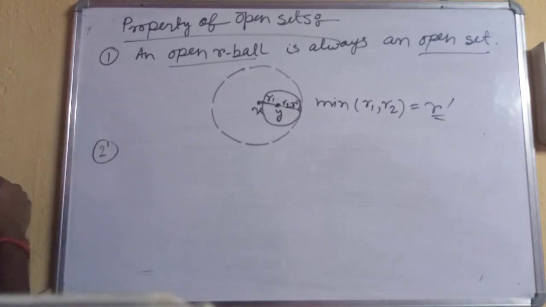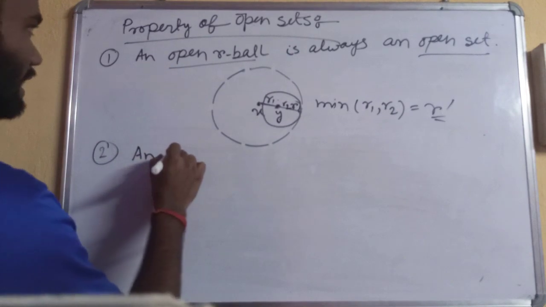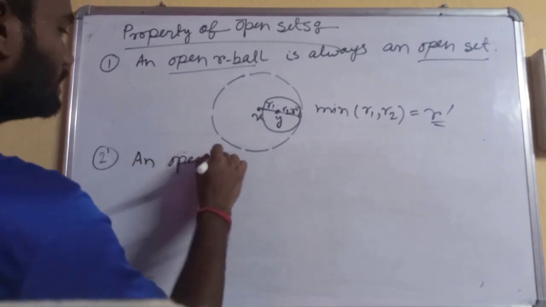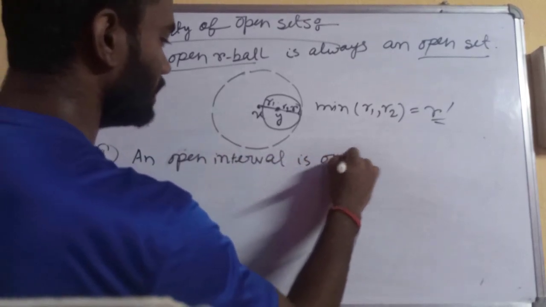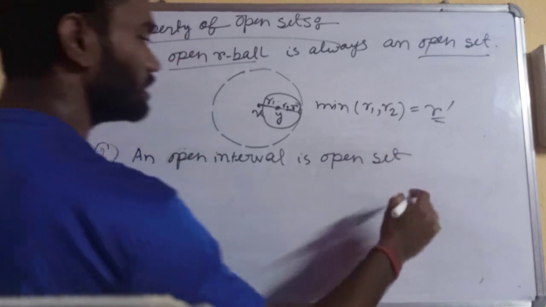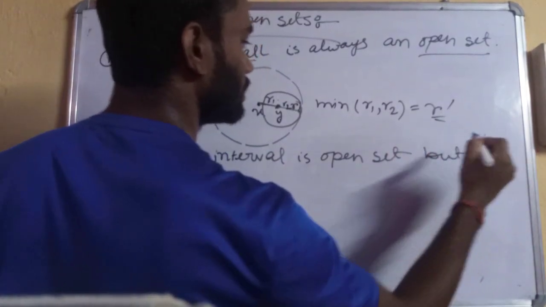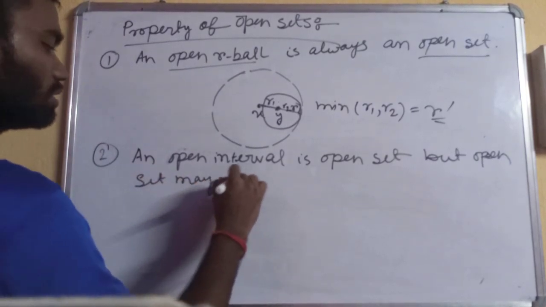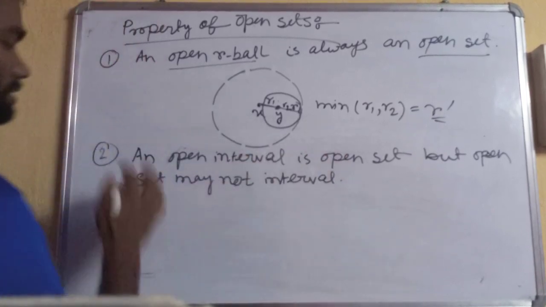Number two. In real analysis, an open interval is an open set, but an open set may not be an interval. Why?